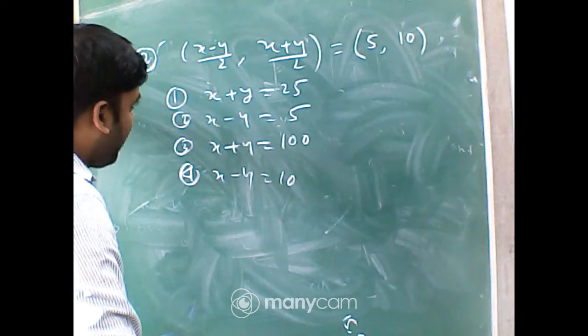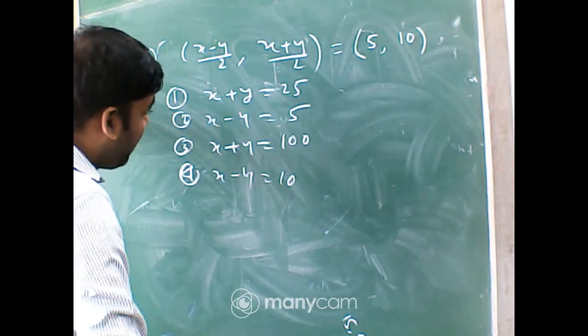X minus y by 2 and x plus y by 2 by 5 and 10.